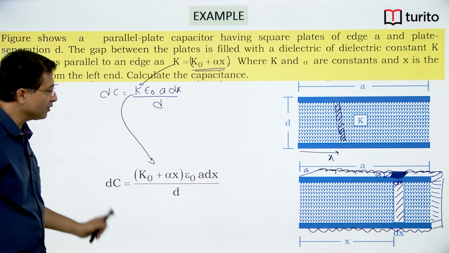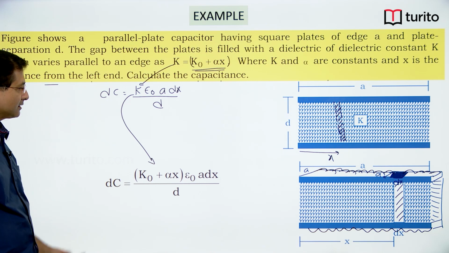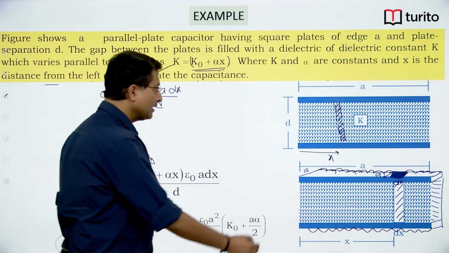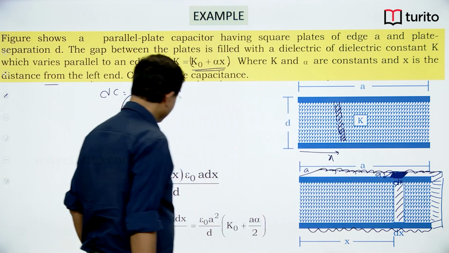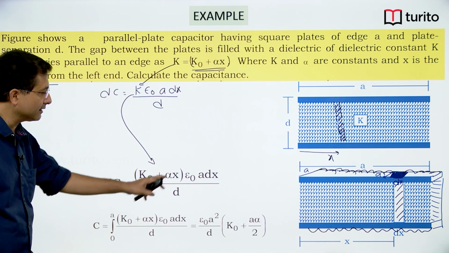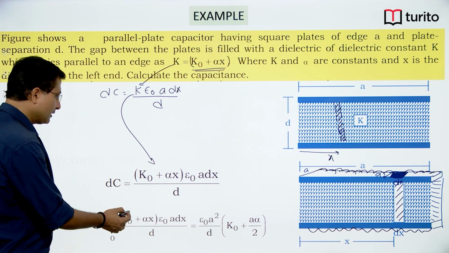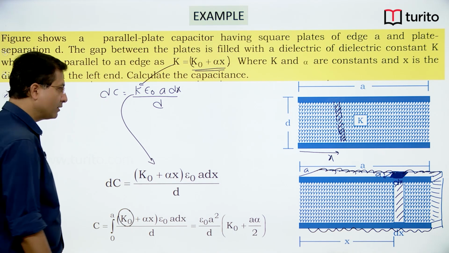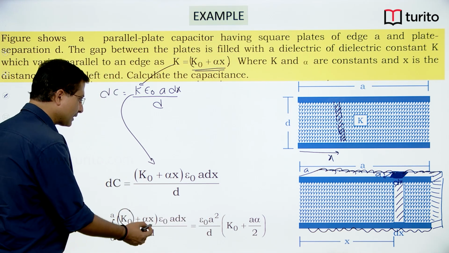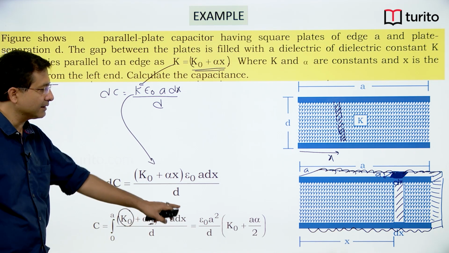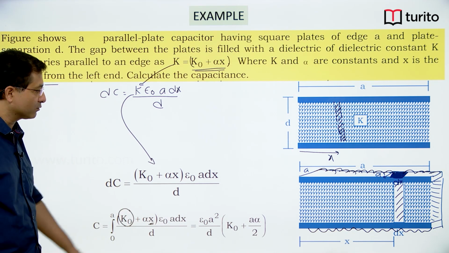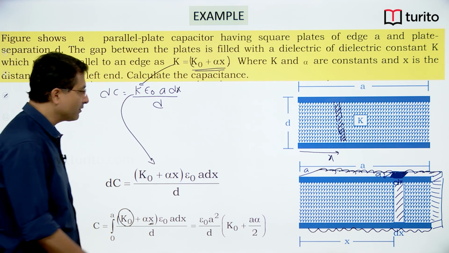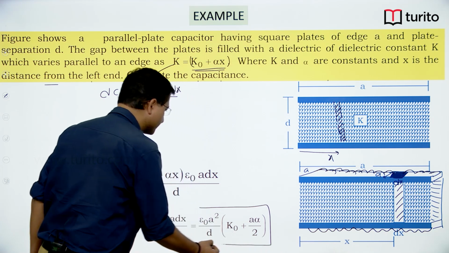To add all dCs, I need to integrate, with limits 0 to A. Integration of the first term dx gives x, from 0 to A it gives A. The second term, x integrated with respect to dx, becomes x square by 2, upper limit minus lower limit, A square by 2. If I simplify, I will get this one.